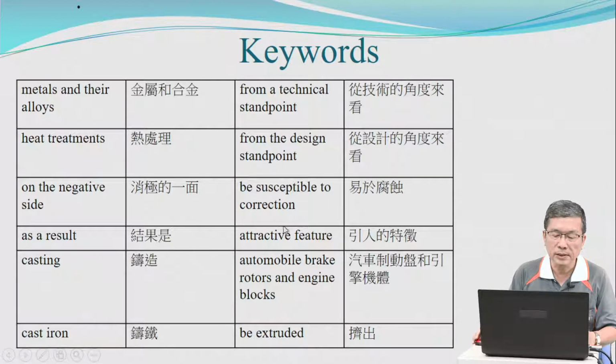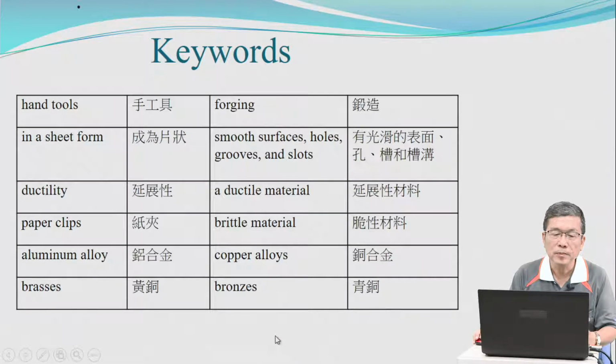As a result, attractive feature: casting, automobile brake rotors, and engine blocks. Cast iron, be extruded. Hand tools, forging in a sheet form. Smooth surface, holes, grooves, and slots.